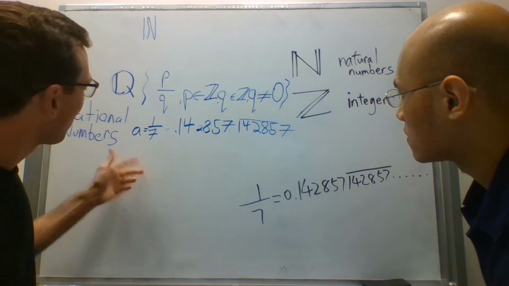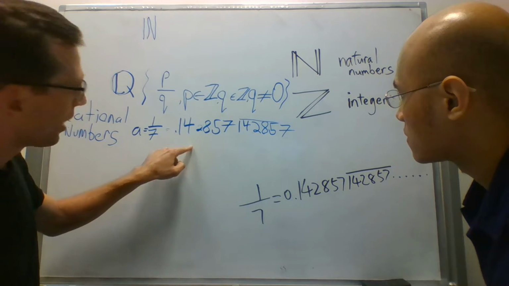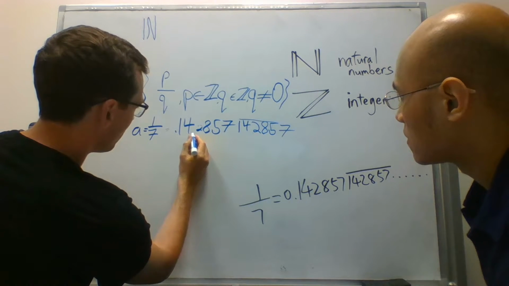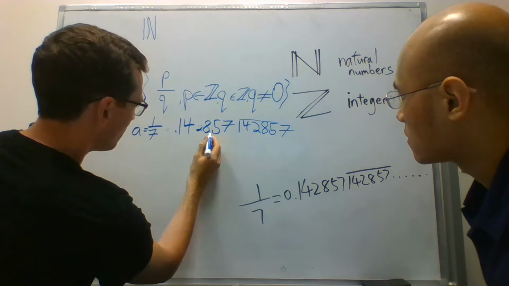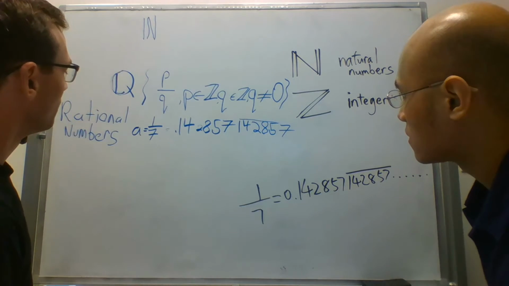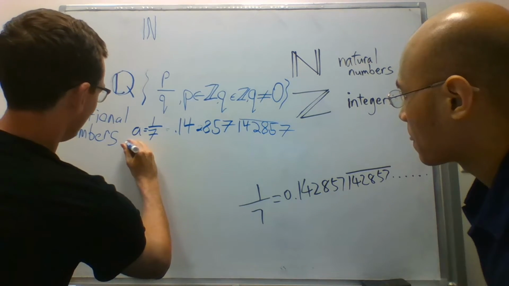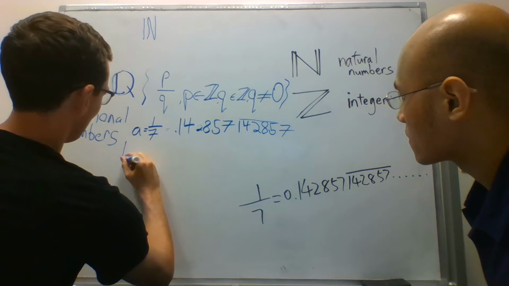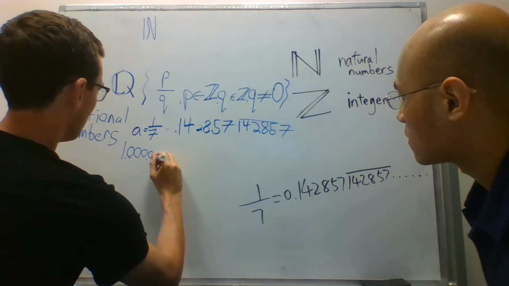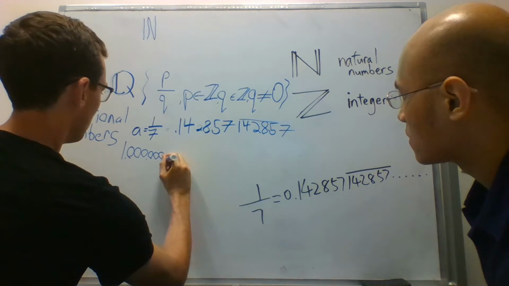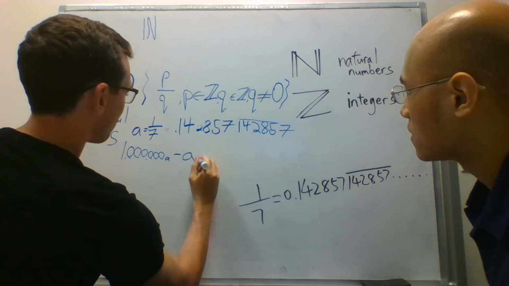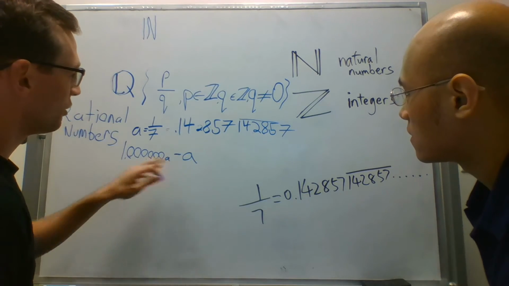What you can do is say, okay, if I multiply this number, let's move the decimal, so it's 10, 100, 1,000, 10,000, 100,000, a million. So I take a million A and I'm going to subtract A from it. And then you see what you have.